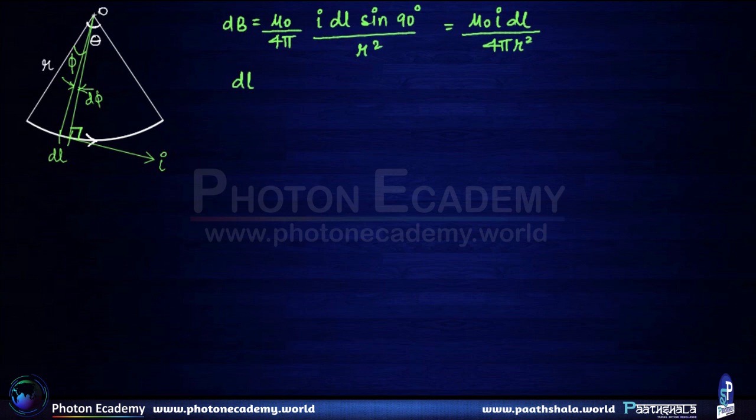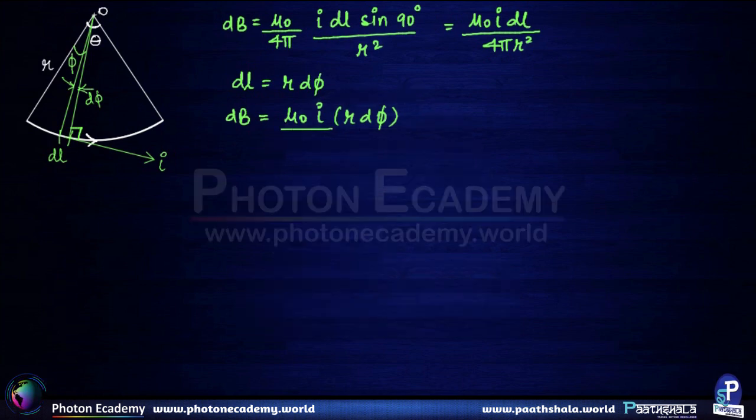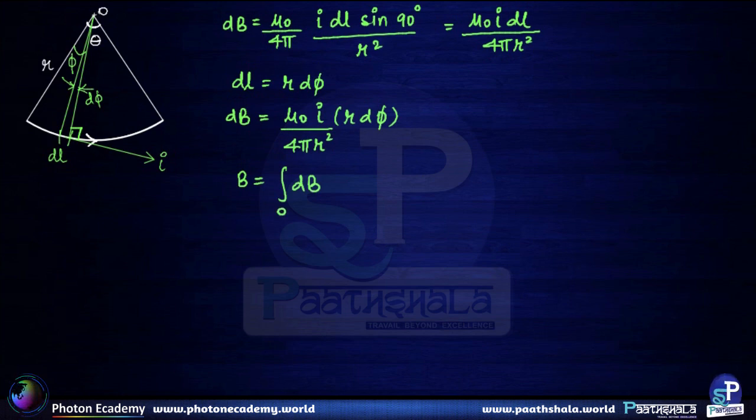This dl can be written as r into d phi. Putting this value of dl in dB, we get dB equals mu naught I into r d phi upon 4 pi r square. The total magnetic field due to this arc at point O will be integral of this dB from 0 to theta.